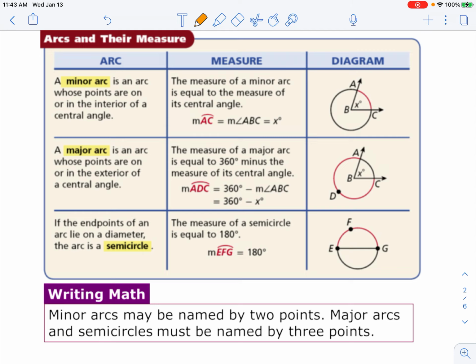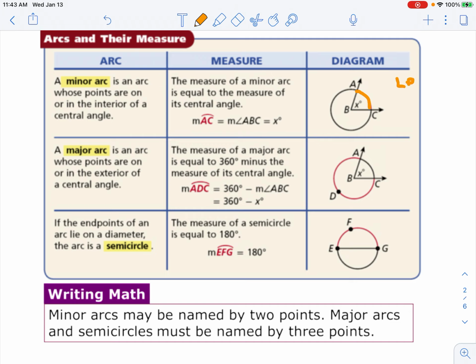If this arc covers from here to here, x would be the same as whatever that arc is, or vice versa, the arc will be the same as whatever x is. So if they asked us to find this orange arc, we would just copy whatever x is.